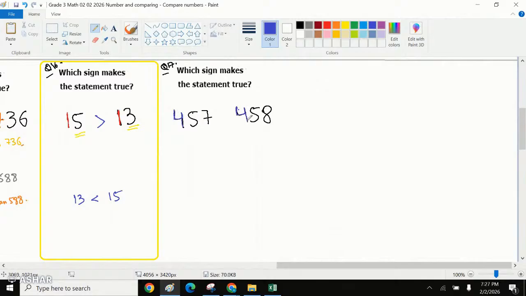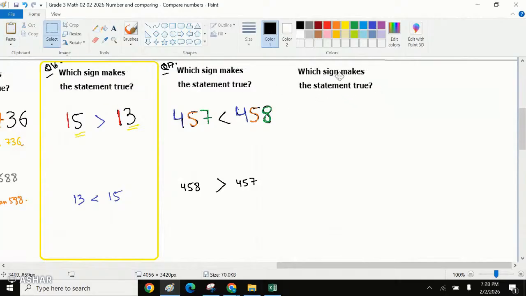The hundreds is same. Then we look at the tens. The tens are same. That means we cannot compare the tens. When we compare the ones or the units, which is greater? We can say, yes, thank you, Ethan. We would say 457 is less than 458, or we can say 458 is greater than 457, vice versa, right?